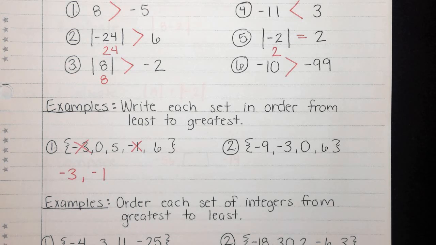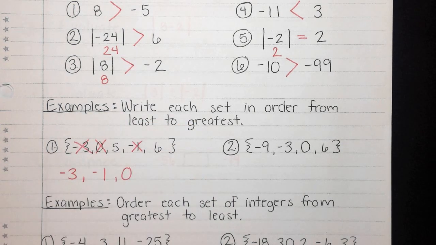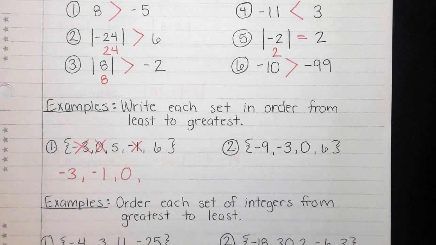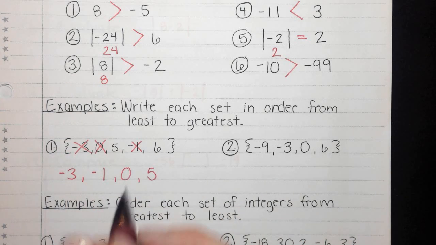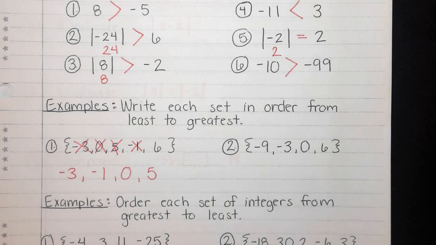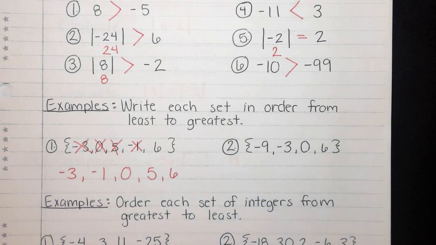So we're going from least to greatest. 0. And after 0, Cheyenne. 5. Very good. So we have to switch gears once we get there. And now we're going up again. So after 5, all right, my last number, Owen. 6. Okay.